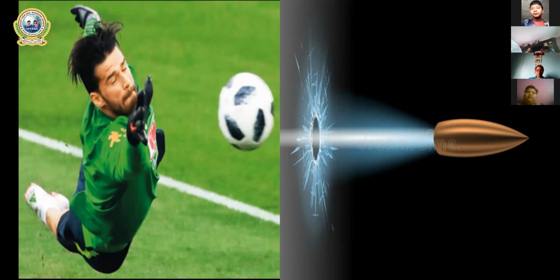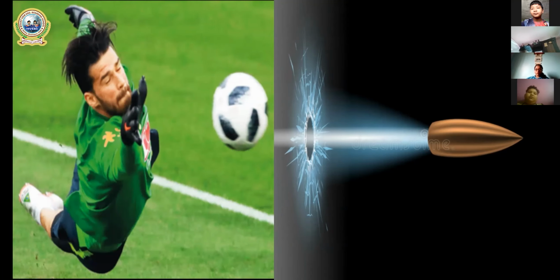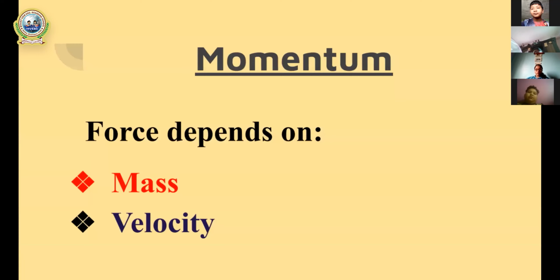Now the physicists and the students name that quantity of motion as momentum. In this picture, the bullet has more momentum than the ball. And in the previous example, the 50 kg mass has more momentum. That means, dear students, the effect of force depends on two factors.